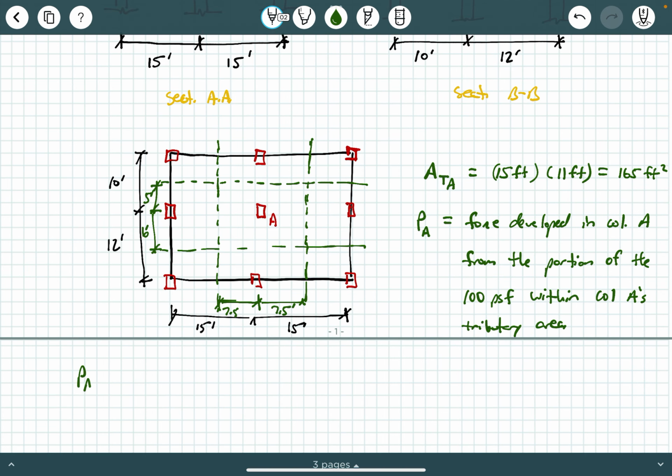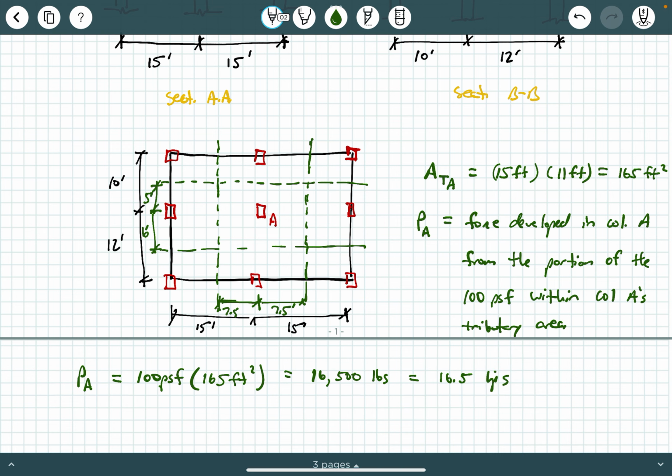Well, I'm going to say the force in column A is 100 PSF multiplied by 165 feet squared, okay? And so what do I get? I get 16,500 pounds, or you could say 16.5 kips.